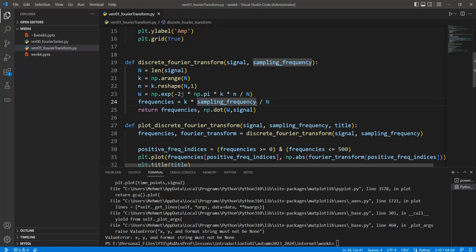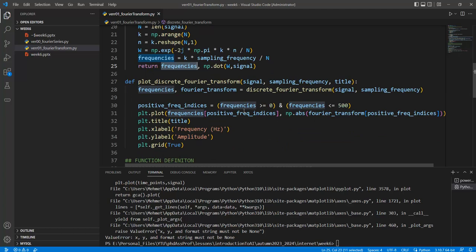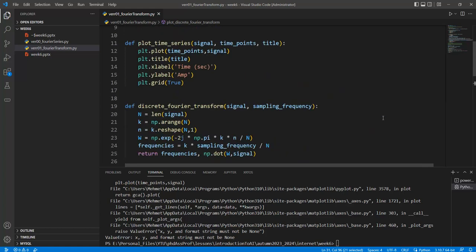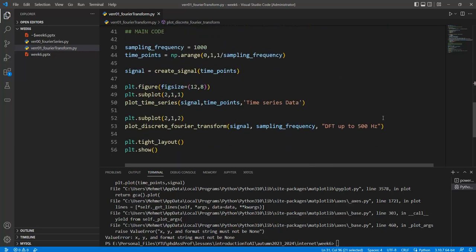K times sampling frequency, yes. NP dot, yes. Frequency, yes. Signal sample frequency. Frequencies, and positive frequencies, yes. This is also true. Okay. What about time points? NP arange 0, 1. Signal, time points, yes.